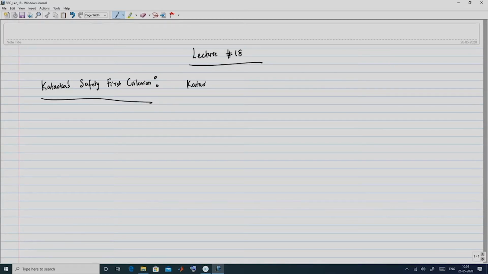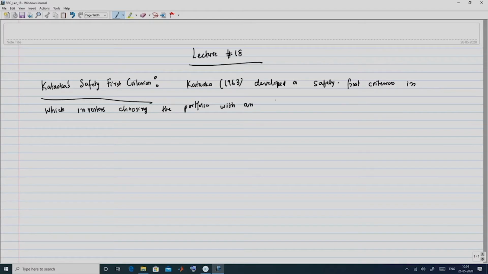Kataoka in 1963 developed a safety first criteria, and this involves investors choosing the portfolio with an insured return RL as high as possible, subject to the following constraint.